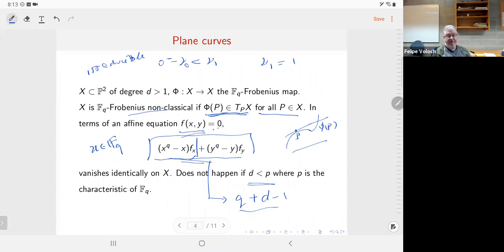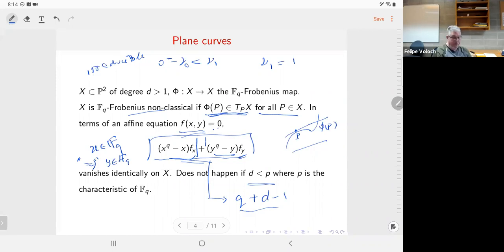If you're assuming that everything is vanishing on the curve, the second half has to vanish as well, which is telling you that either y is also rational or the partial derivative with respect to y vanishes. So this is almost always true. So in the case of Frobenius non-classical curves, having a rational x almost always implies that you have a rational y, which means what?